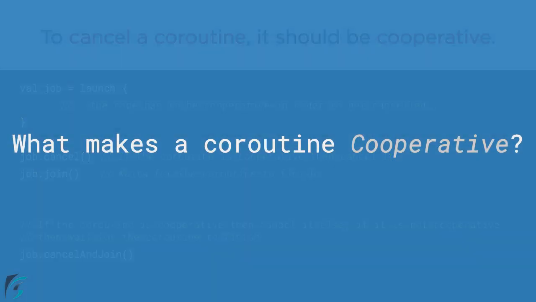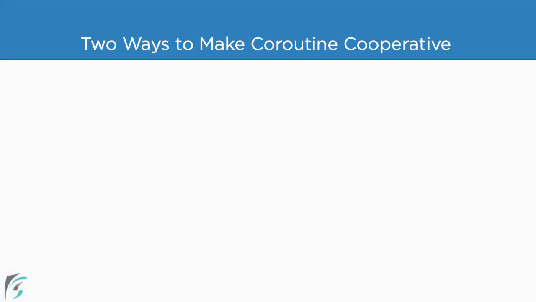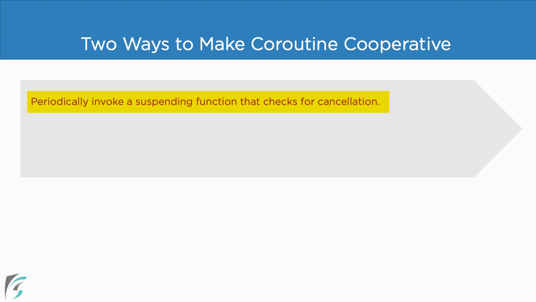Now, it is time to unveil the biggest mystery of this video. What exactly we mean by the term cooperative? What makes a coroutine cooperative? Well, there are basically two ways to make a coroutine cooperative. The first way is to periodically invoke a suspending function that checks for cancellation.